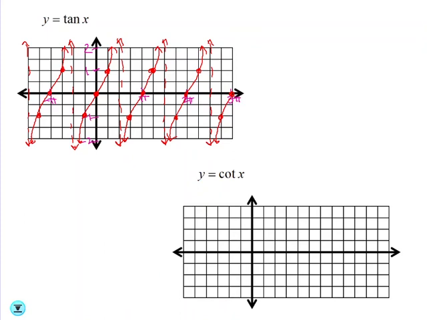Now, when we look at the first period for the graph, generally we are looking at this period of the graph, the one that is centered at 0.